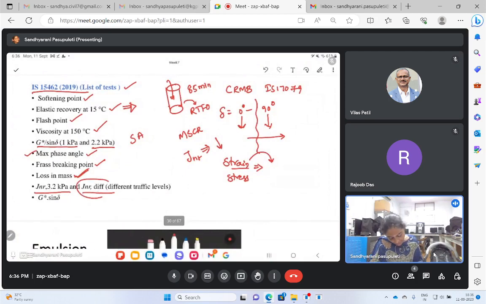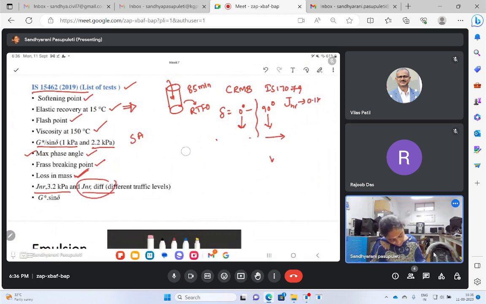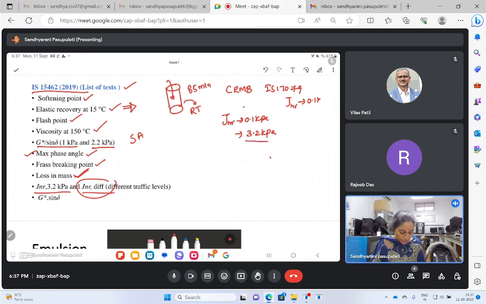And JNR difference. Let us say I have JNR at 0.1 kilopascals, and I have JNR at 3.2 kilopascals. That means when I apply a stress of 3.2 kilopascals, there must be some strain.